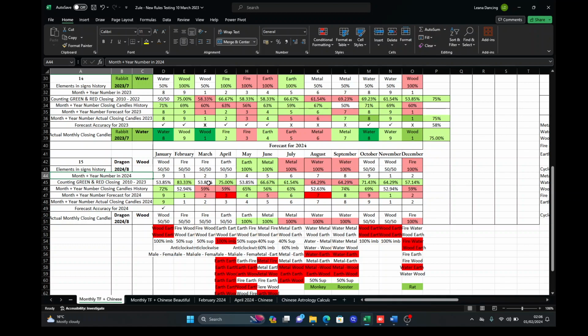So March is closing on red candles 59% of the time, and then I have another metric here. I count the green candles and the red candles in a month, and 53% of the candles here are closing on red or green. I haven't put a color because it's not a significant percentage.